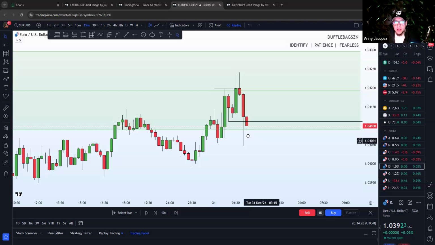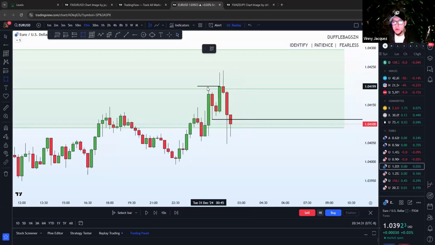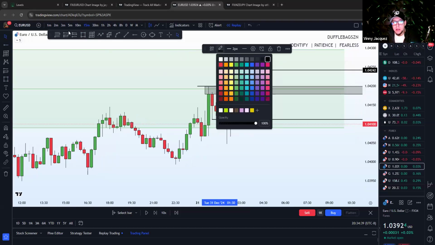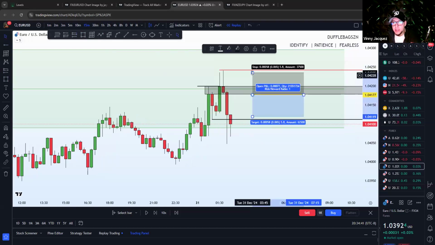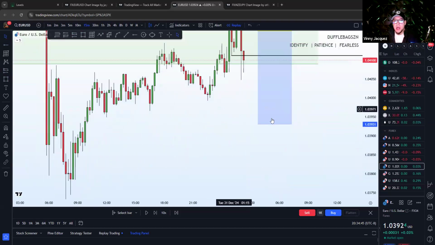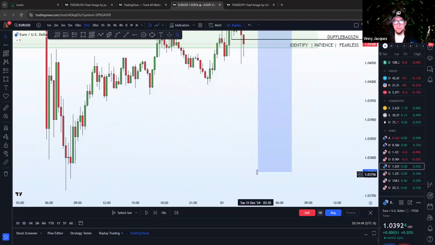So I'm thinking, I don't think the market wants to go higher. I think the market actually wants to sell now. I think it wants to come into this area and look for some sells because it literally gave me the market structure I need to see. I would love to tackle these lows here.